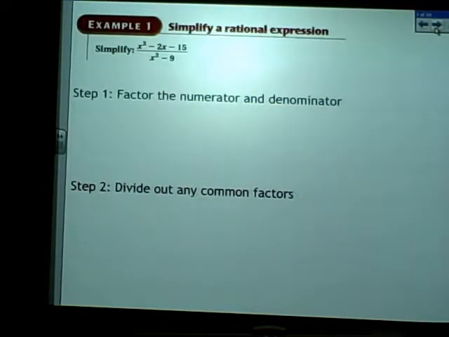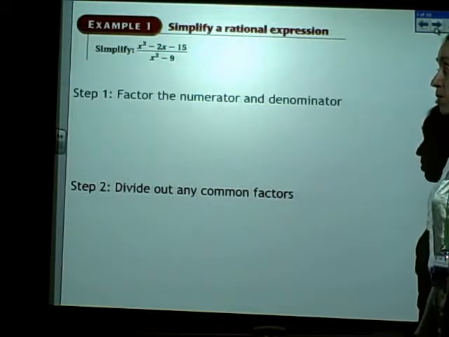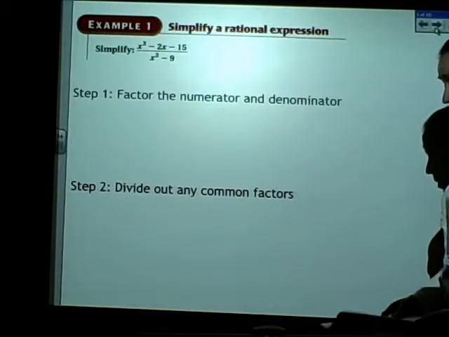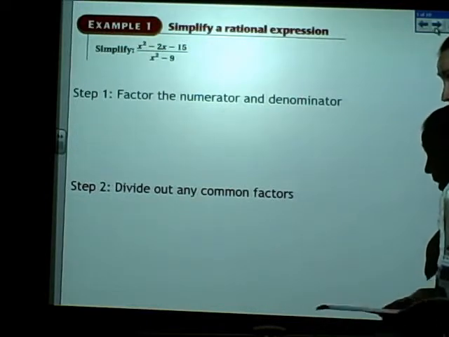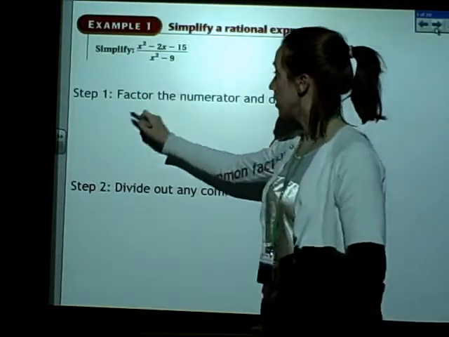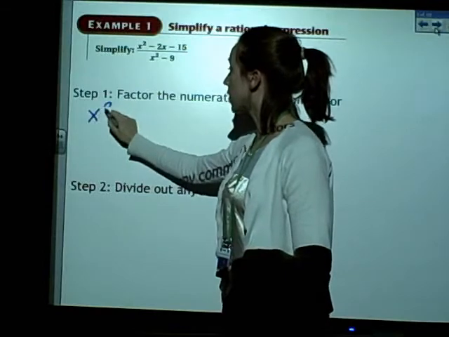Okay? Here's our first example. We want to simplify that rational expression. Our first step is we're going to first factor the numerator and the denominator. Okay, and here's a little review. Let's take our numerator, for example.